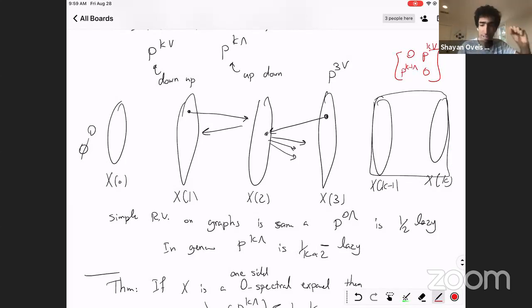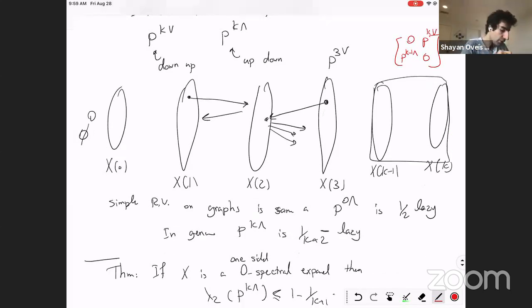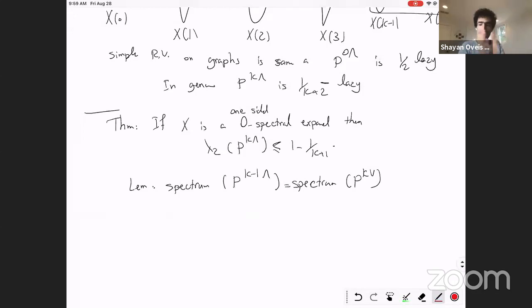So you can just prove for yourself that whenever you have such a matrix, the eigenvalues of P_{k-1} up-down and P_k down-up are exactly the same. Okay, so this says that these two are the same.